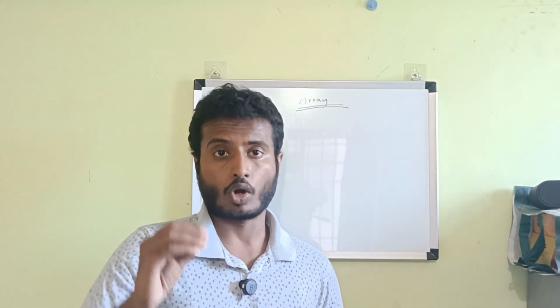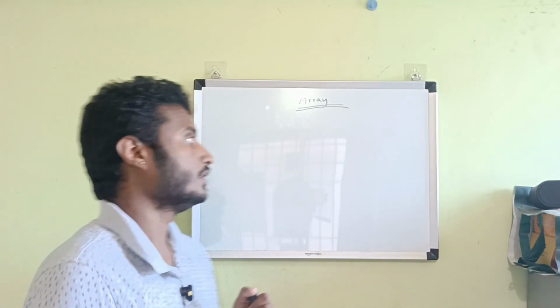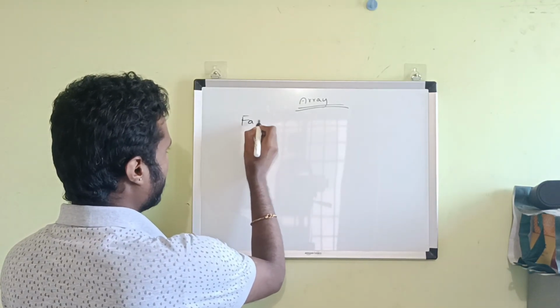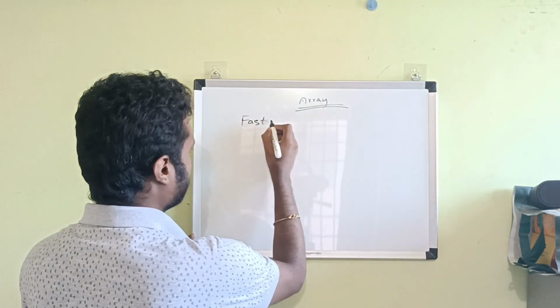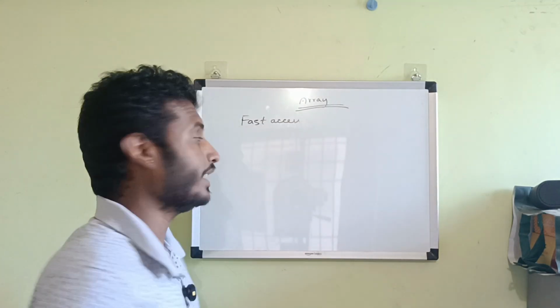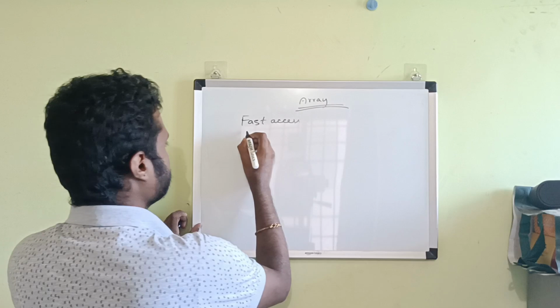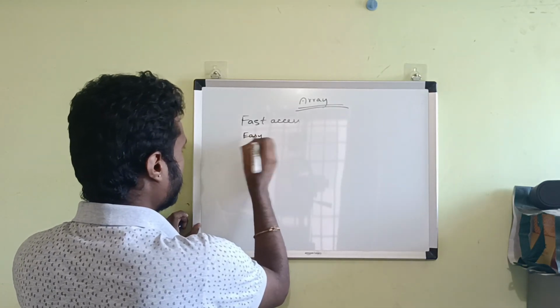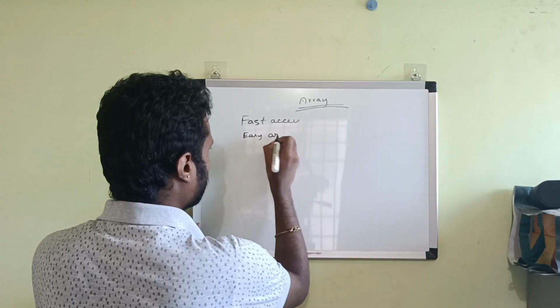The primary problem it was trying to solve is that we wanted fast access. The first thing we wanted is fast access, and the second thing is easy implementation or architecture.